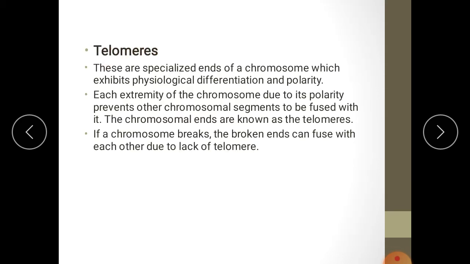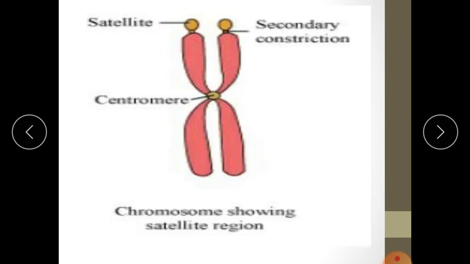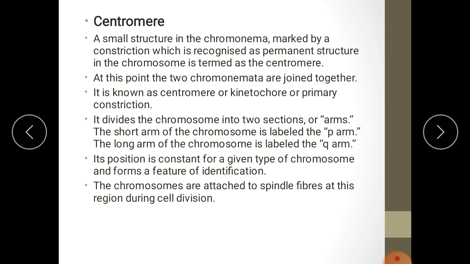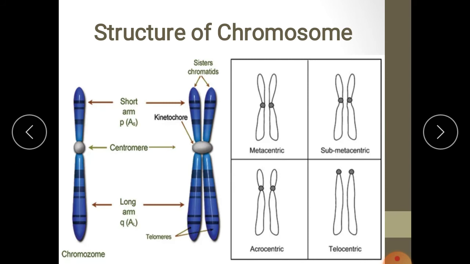Telomeres are specialized ends of chromosomes which exhibit physiological differentiation and polarity. The telomere is here at the end. This end part of the chromosome is called the telomere.